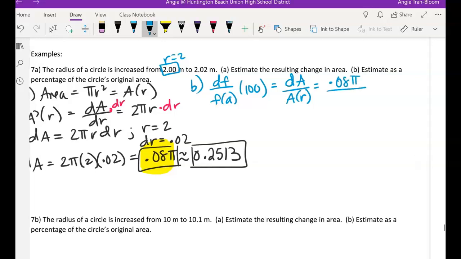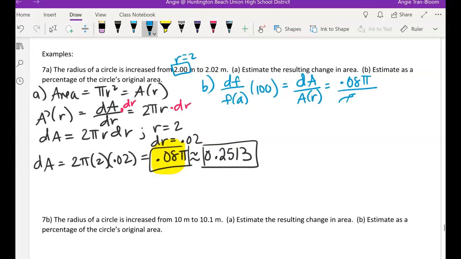A of r, which is really A of 2. Which is 0.08 pi divided by, if I plug in 2 squared, because pi r squared is my formula, times pi.